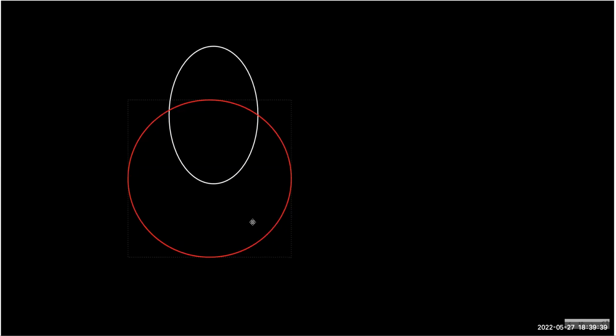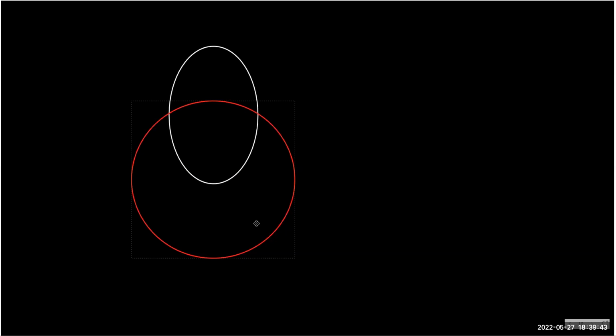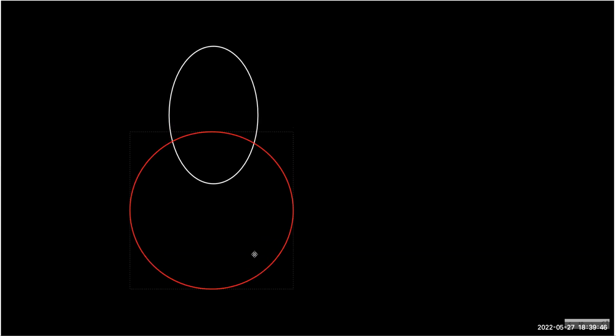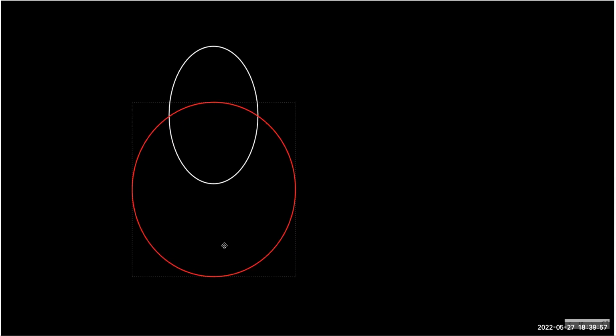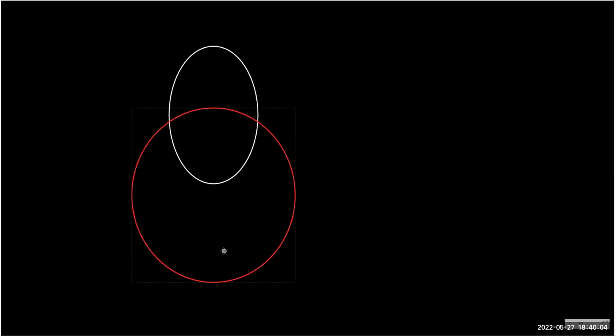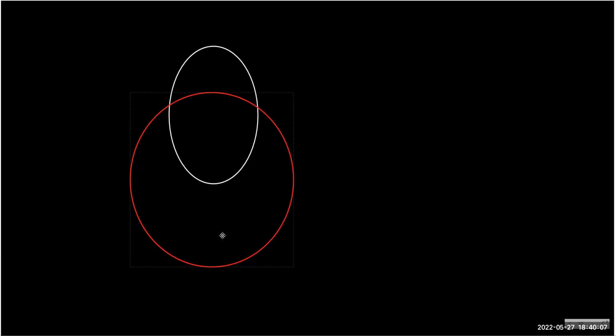The first case. Right, so now I am designing a special orbit.